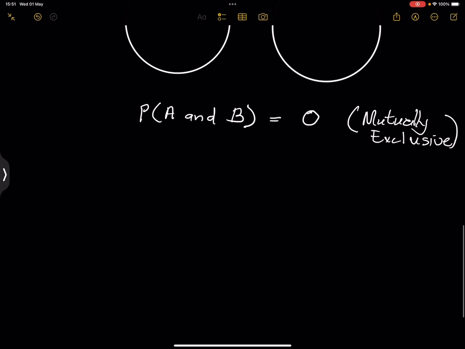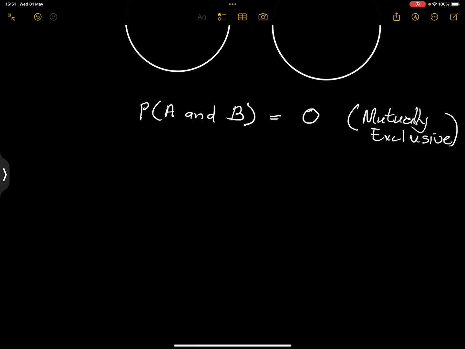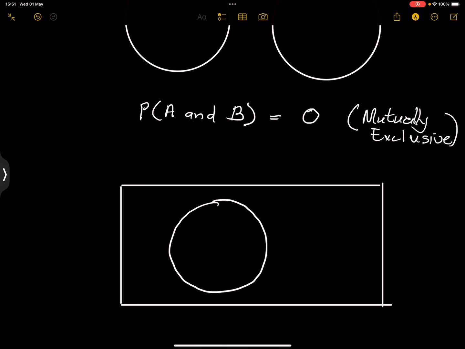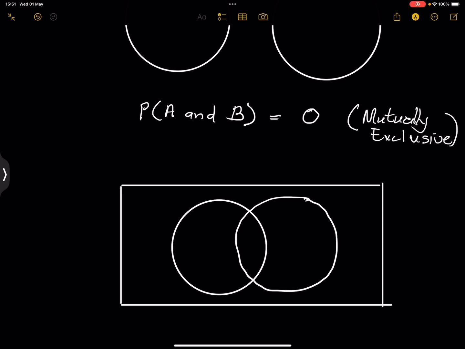But before I do that, what would this look like on a Venn diagram? If we're given a Venn diagram, you're given your sample space over there, right? Suppose that I've got two events, A and B. So I'm going to use different colors just for us to know different things.